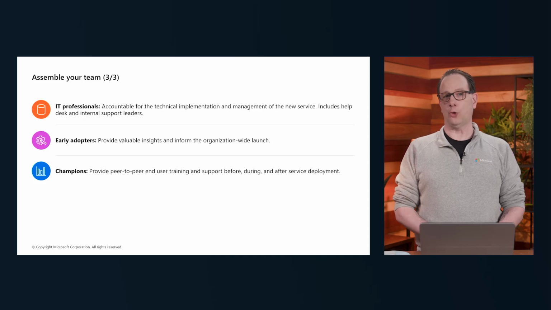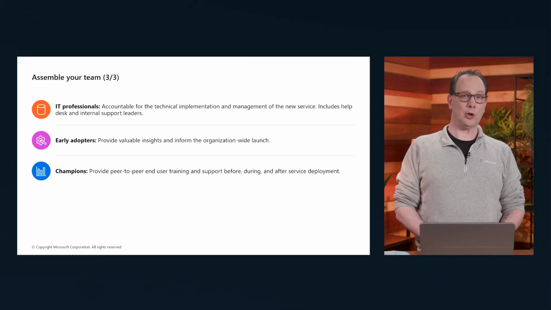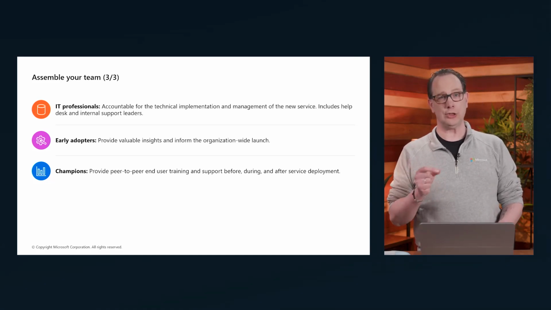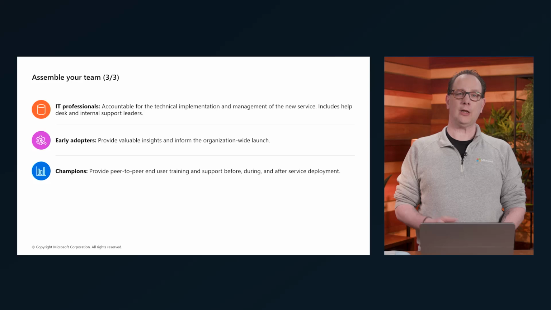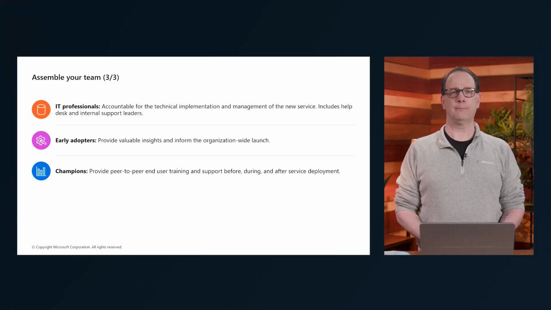Apart from the leadership roles in the team, you will heavily rely on the IT professionals within the organization. Although we emphasized before that adopting and deploying Microsoft 365 Copilot into your organization is not just an IT project, you can obviously not guarantee a successful adoption by bypassing IT.